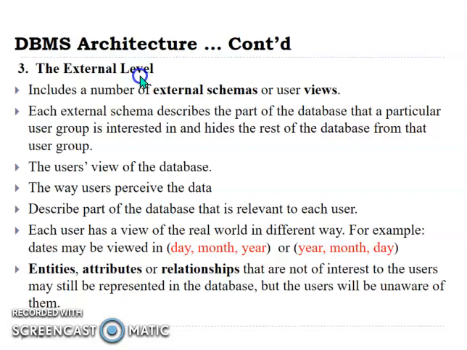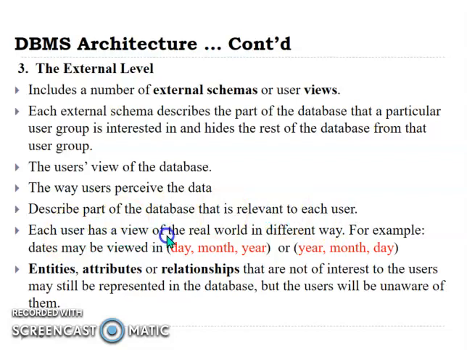So this external schema is a part of the application program, which hides the details of the data stored in the database and shows only the interesting part the user wants to view from the database. So the user view of the database, the way the user perceives the data, describes the part of the database that is relevant to each user.